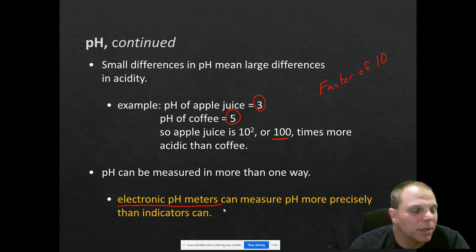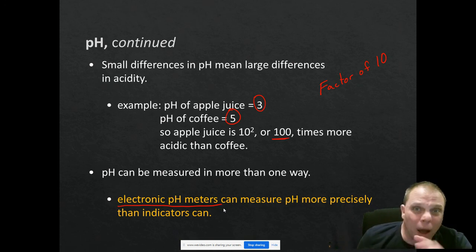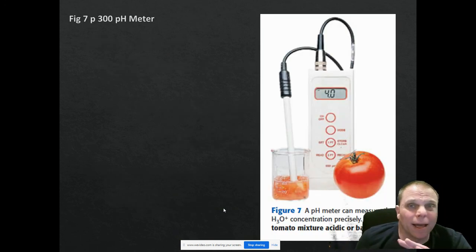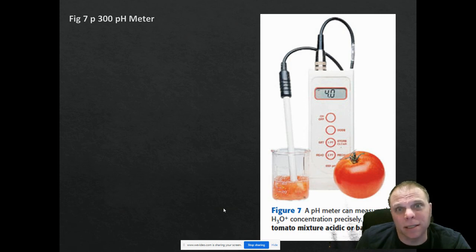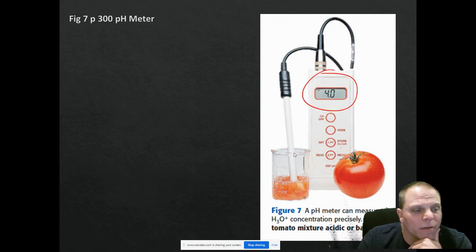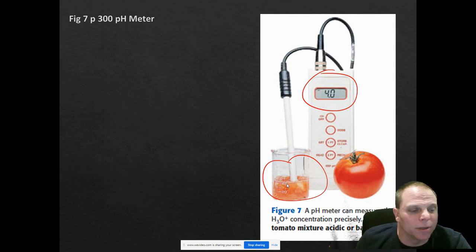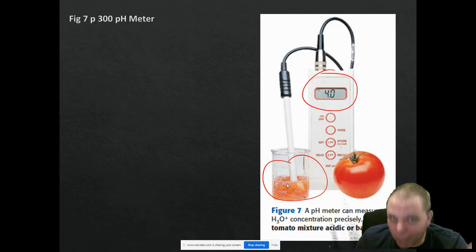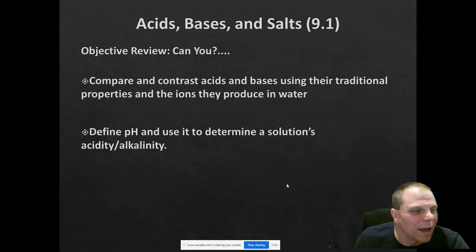And so pH meters actually work on the concept of how well it conducts electricity, and I can tell you what the pH is based upon how well it conducts electricity. And so that's what's happening here. You can see a pH meter giving a value of 4 for the tomato juice that they're showing. And so is that mixture acidic or basic? Acidic, right? Because it's a pH less than 7. 7 is considered neutral. Anything below 7 is acidic, and anything above 7 is basic.